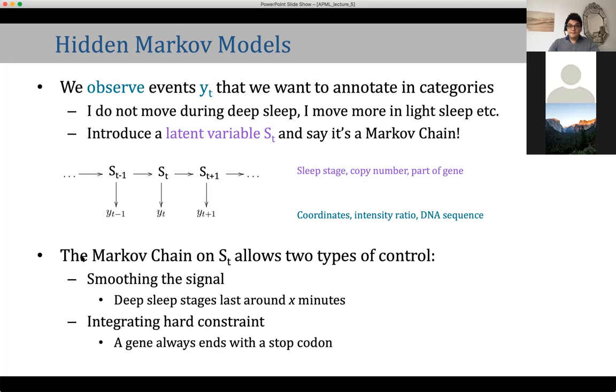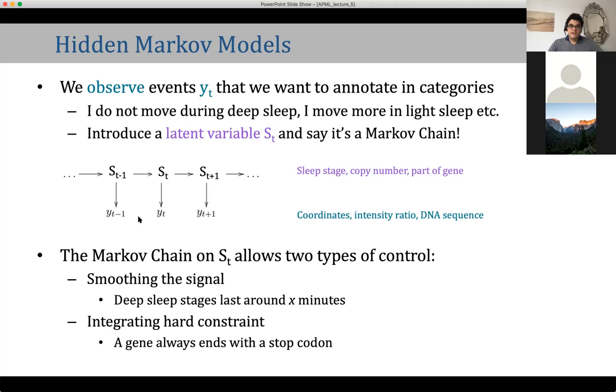But so we can do many things in fact with those Markov chains. We can annotate, but we can also, like in the RACGH example, find stretches, groups of positions with a given intensity ratio, copy number. So the first control we can do is that by staying in the same groups of states, we can smooth our signal.